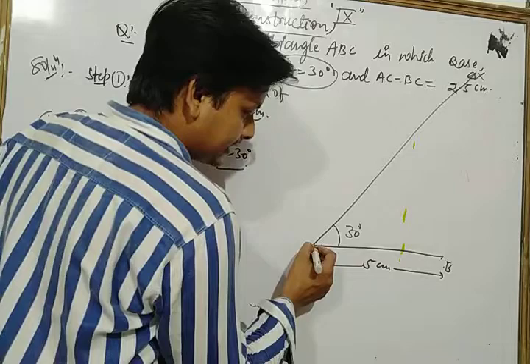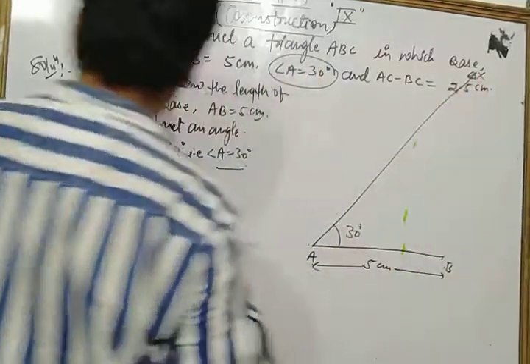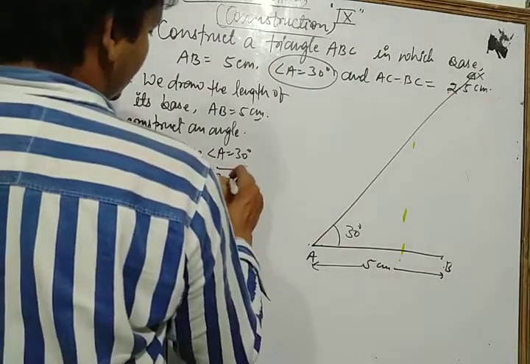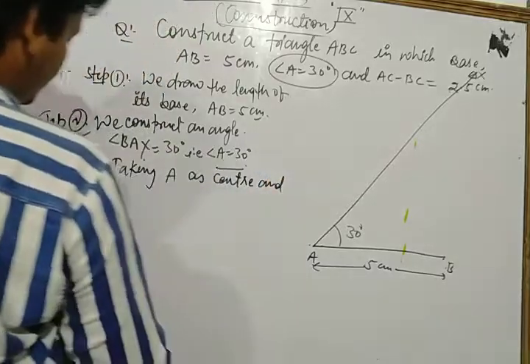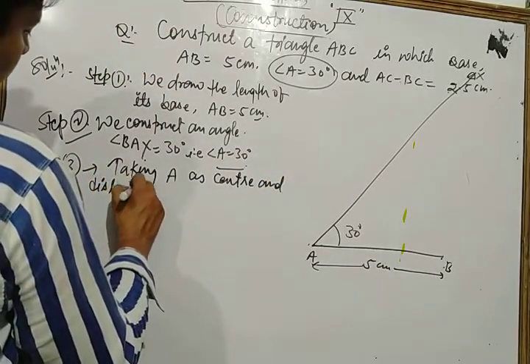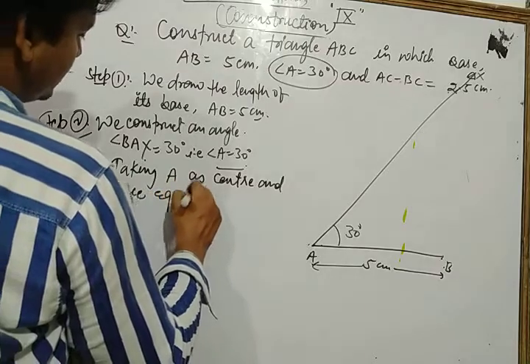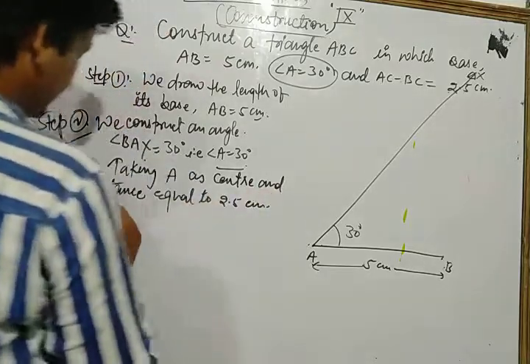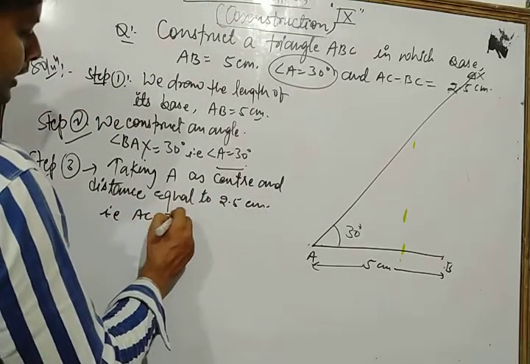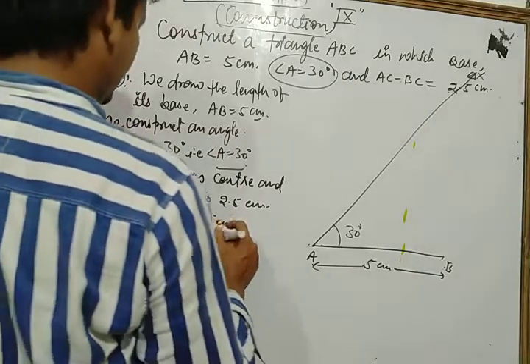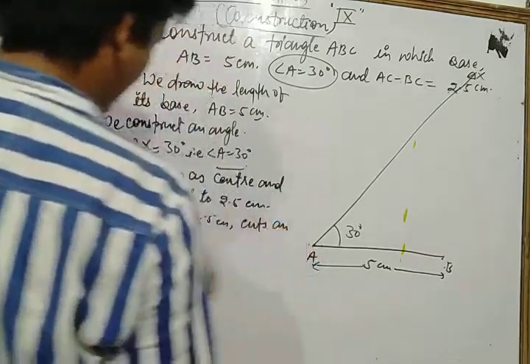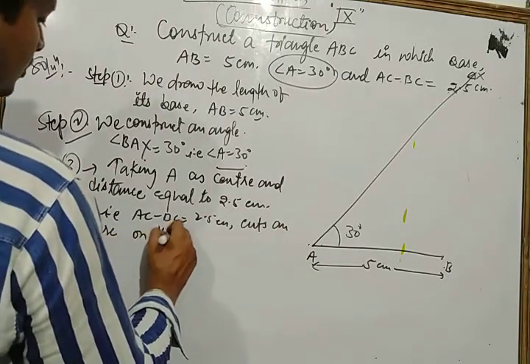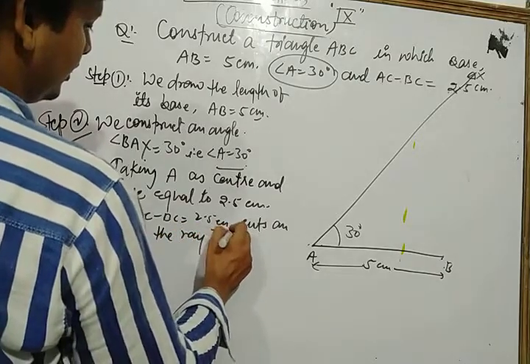So taking A as center and distance equal to 2.5 centimeter, that is the difference between the other two sides, AC minus BC, equal to 2.5 centimeter, cut an arc on the ray AX.